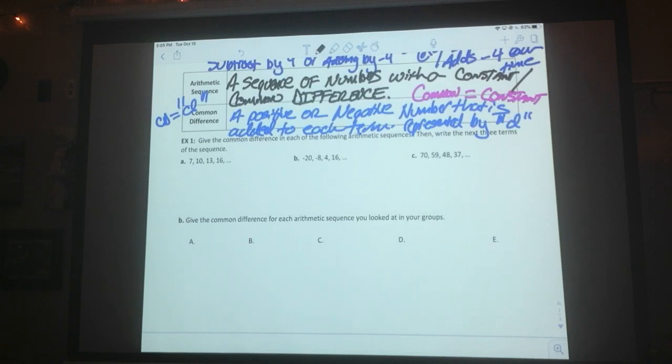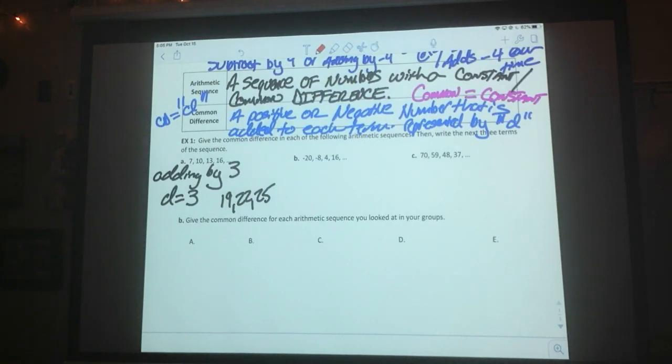What am I doing? I'm simply adding by 3. So my common difference is d equals 3. D is our common difference. And the next three terms are 19, 22, and 25.